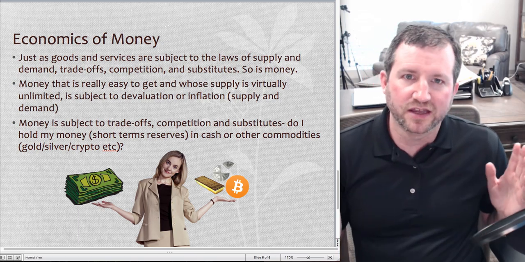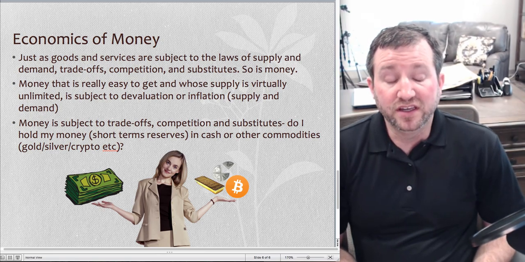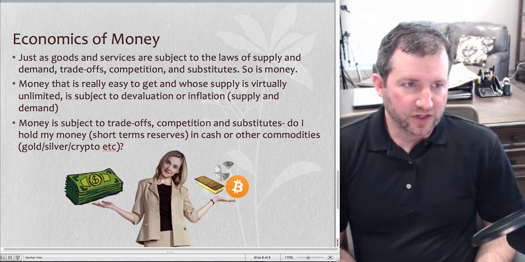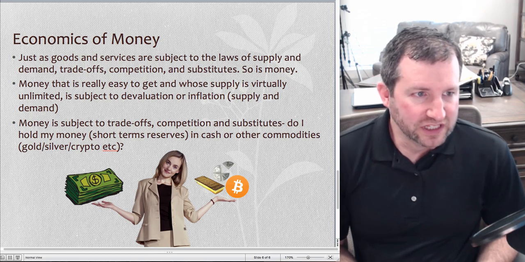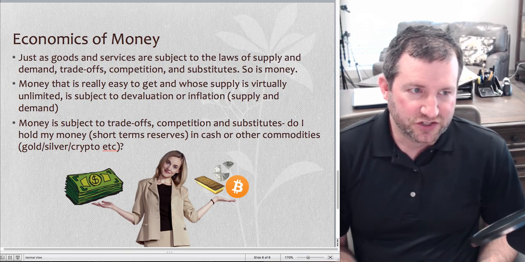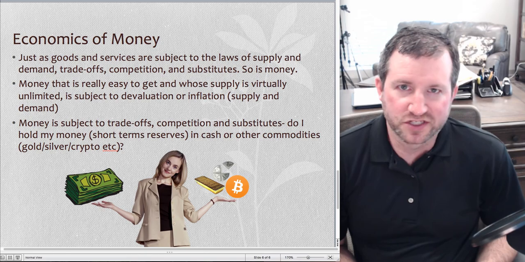But if nothing else changes except the amount of money that's out there, then you would expect that prices would double if the monetary base doubles. Okay? So another way of saying that is money that is really easy to get and whose supply is virtually unlimited is subject to devaluation or inflation. And again, this is just simple supply and demand.